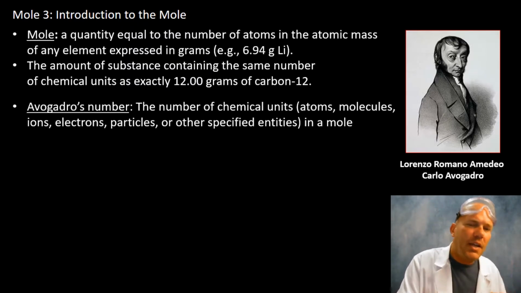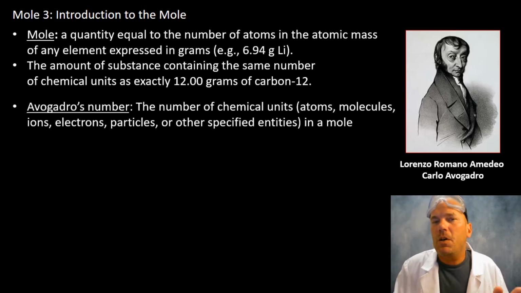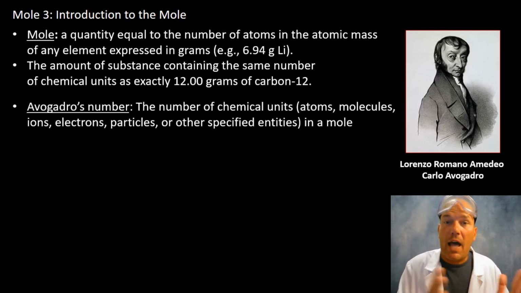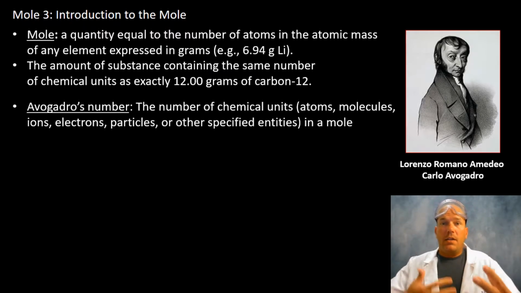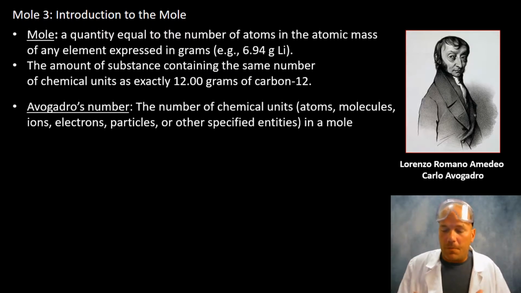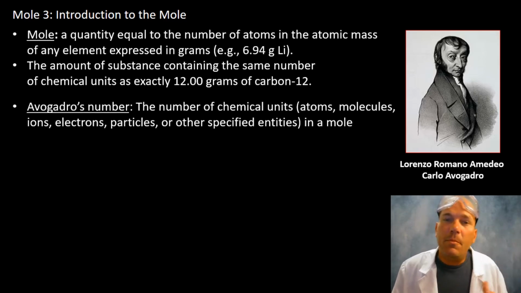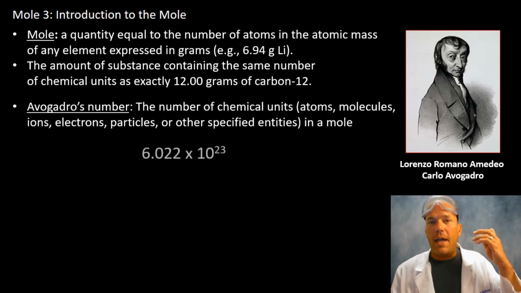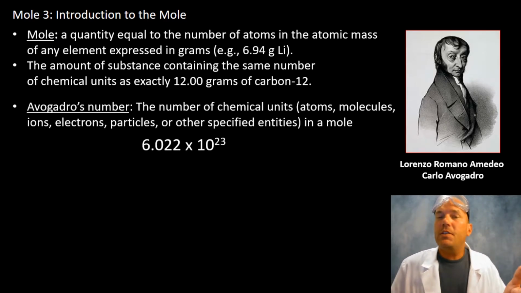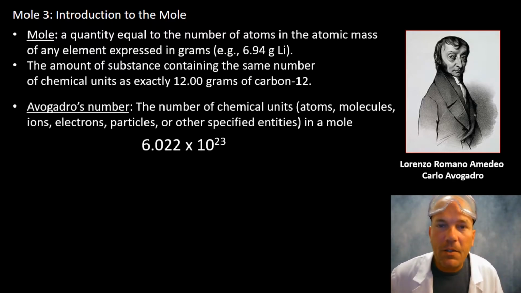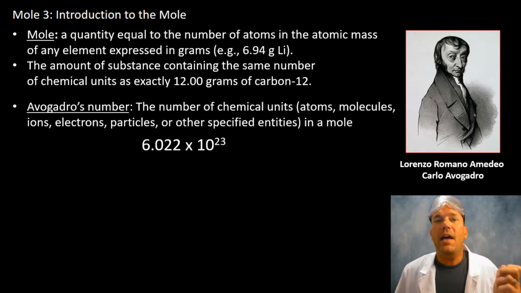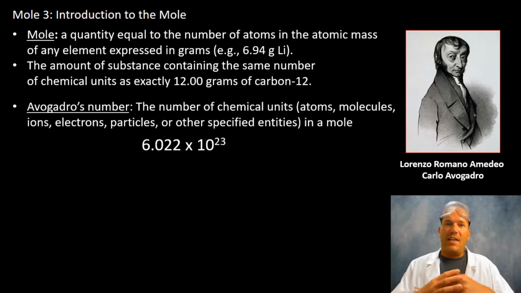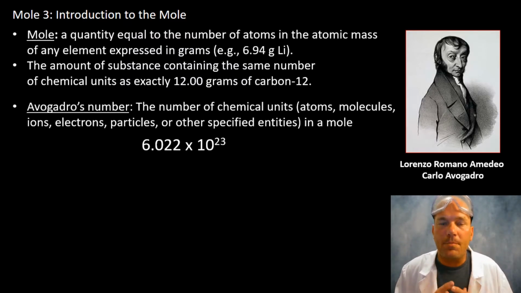When we say chemical units, we're talking about atoms, molecules, ions, electrons, particles, photons. That's the number of chemical units in a mole. And that number we will express with 4 significant figures in this course as 6.022 times 10 to the 23rd. That is a giant number.